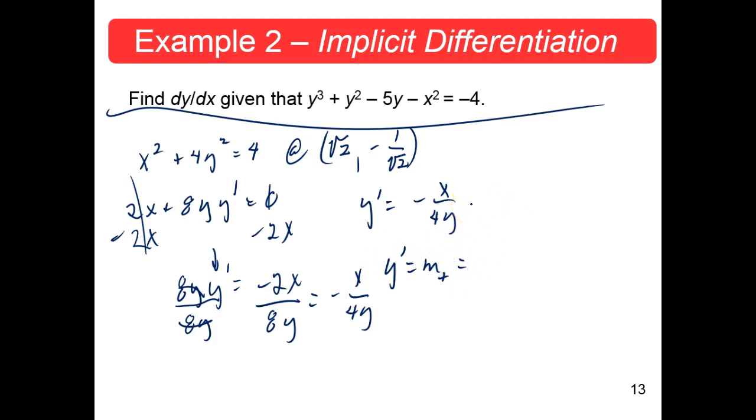And that will be, help me, somebody. Minus the square root of 2 over 4 times the minus 1 over root 2. Boy, the calculus is so easy. It's the math that gets hard, isn't it? Okay?